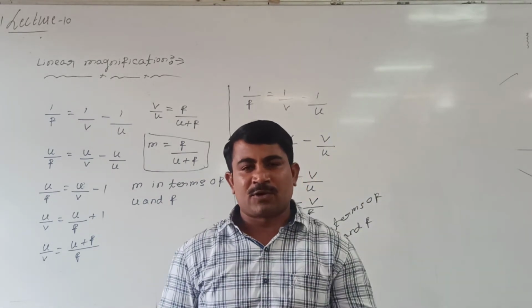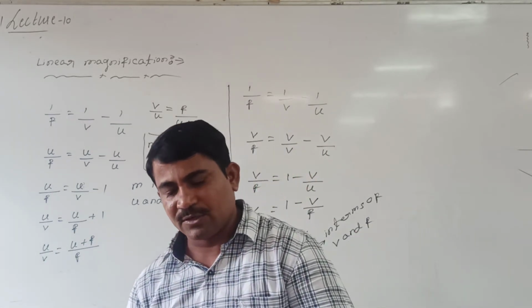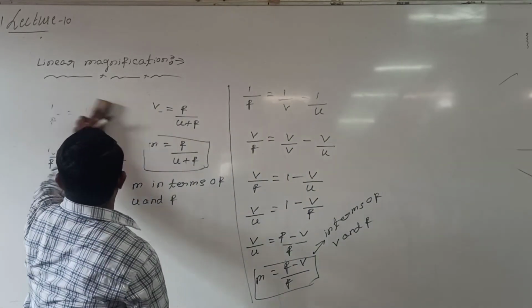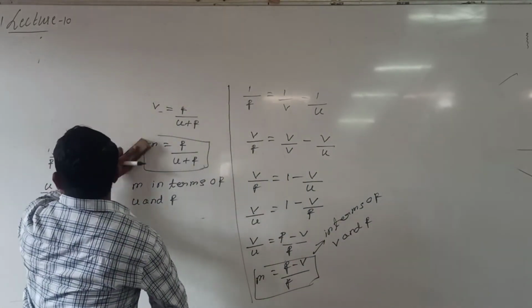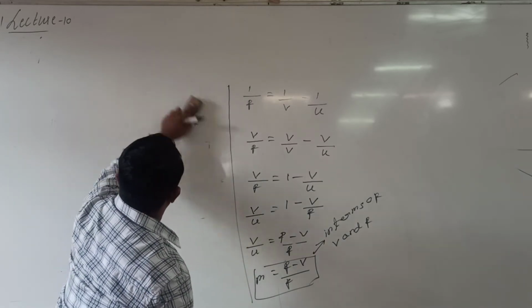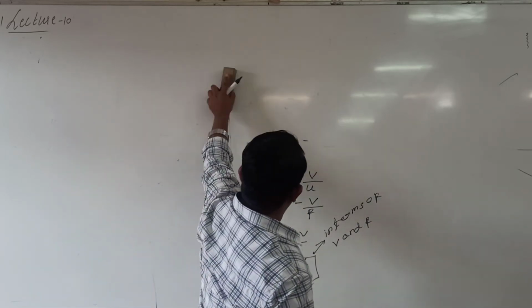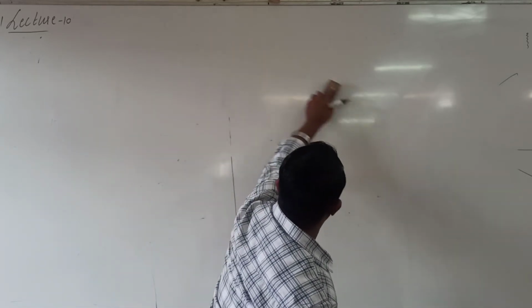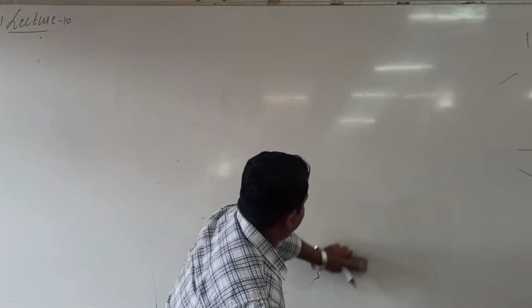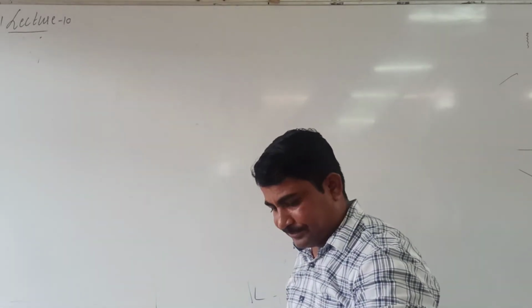Now we'll see one more concept, two thin lenses in contact, that we'll see. Next concept is two thin lenses in contact. Okay.